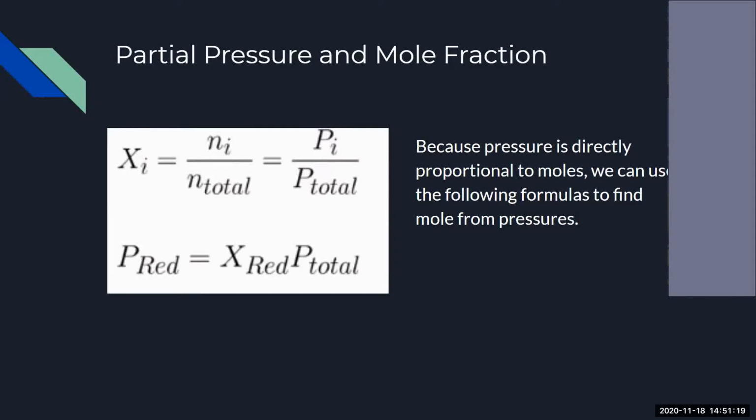Let me see specifically which ones they do give you. For gases, they give you the ideal gas law. Oh, they do give you this one right here: the partial pressure is equal to mole fraction times the total pressure.